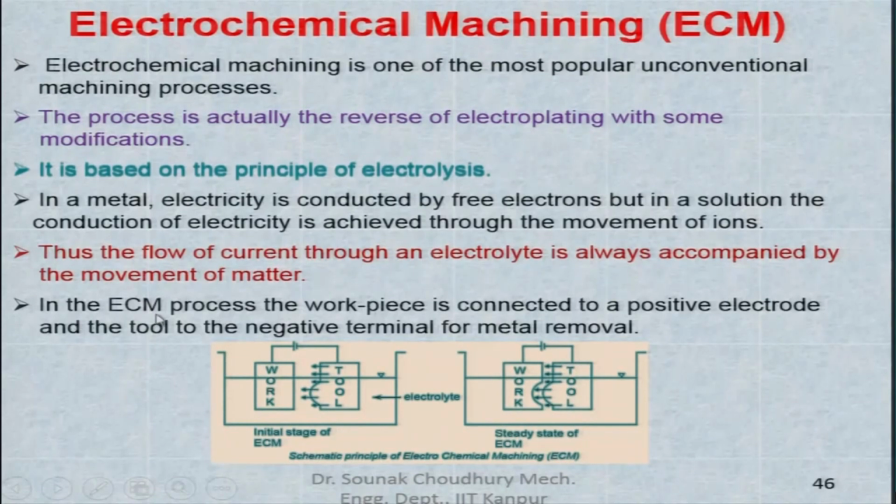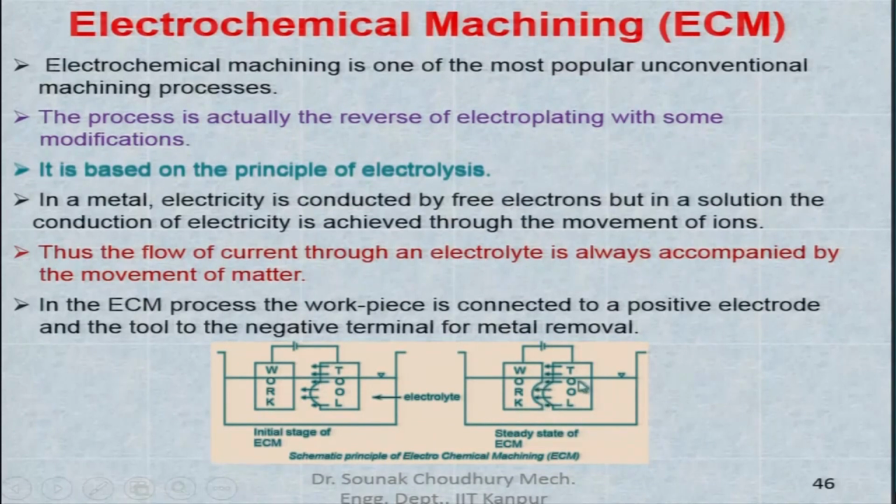In the electrochemical machining process, the workpiece is connected to the positive electrode and the tool to the negative. In this schematic diagram, we have the tool here and the work here; the tool has been made negative and the work positive. The tool is being advanced towards the workpiece, and if the shape of the tool is like this, it is conformed on the workpiece surface.